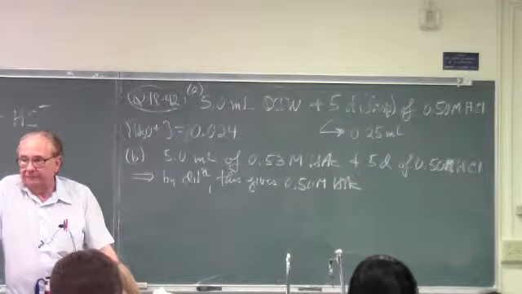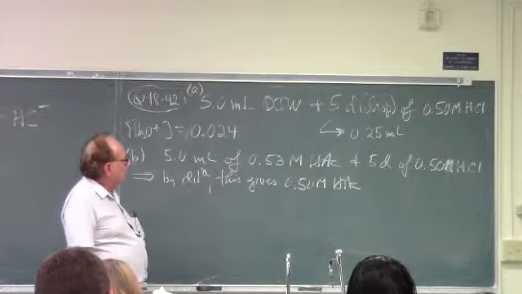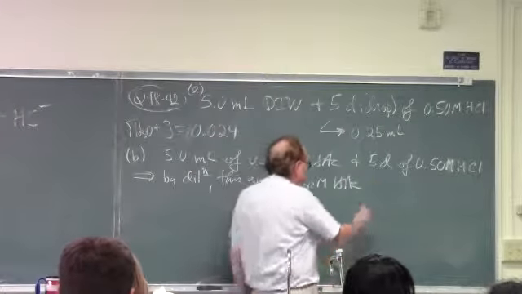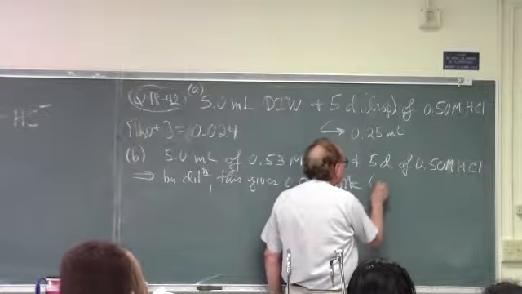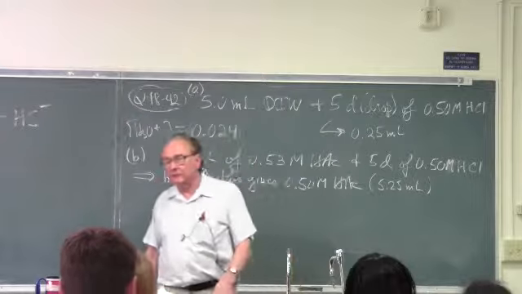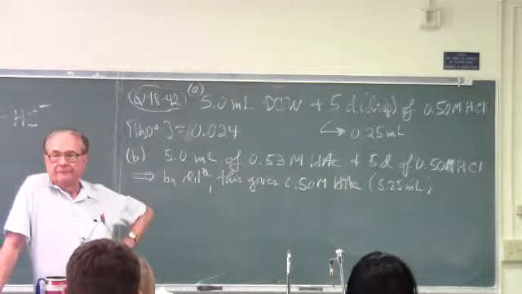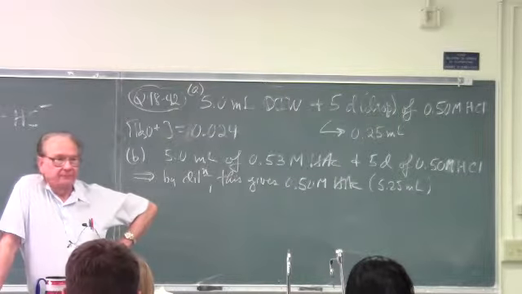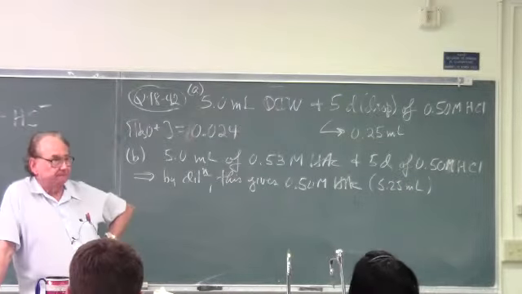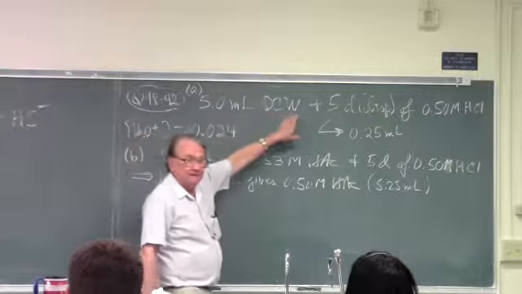So, in sum, we now have 5.25 milliliters of 0.50 molar acetic acid, okay, which contains the same mole quantity of hydronium ion, at least initially, as this system, right?